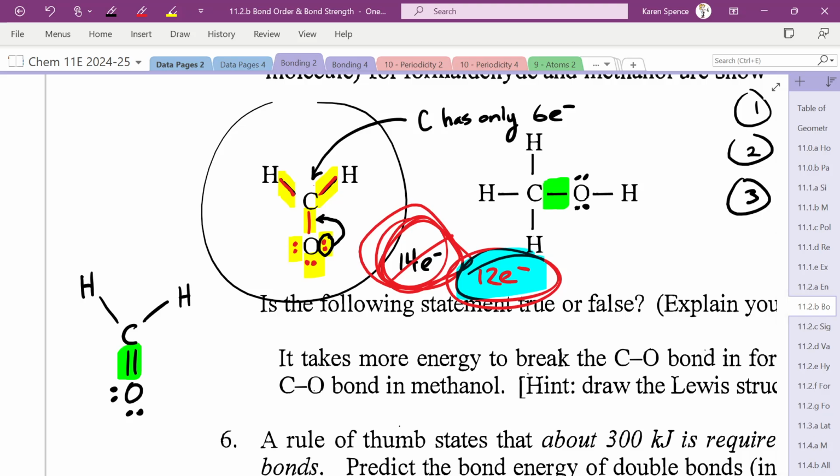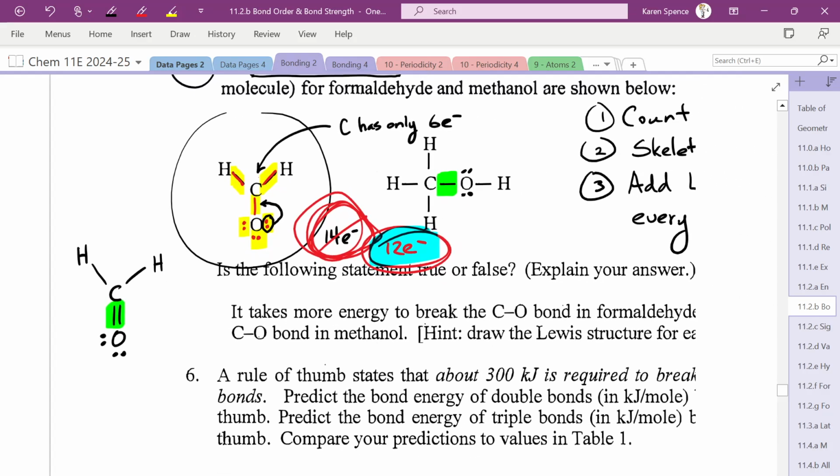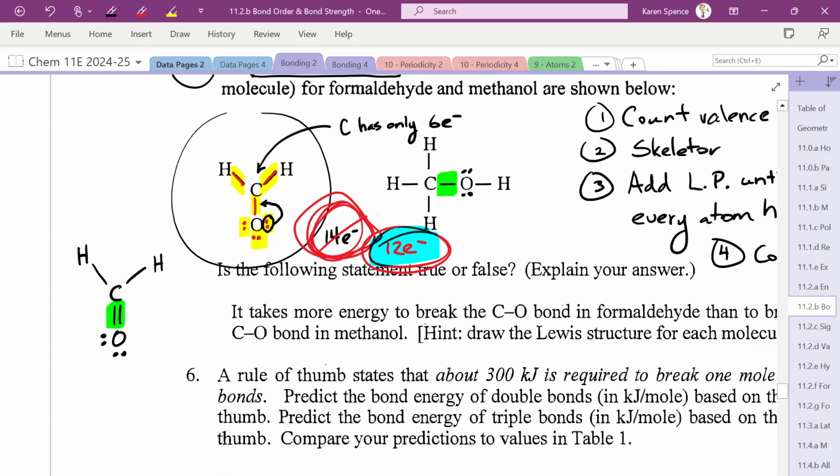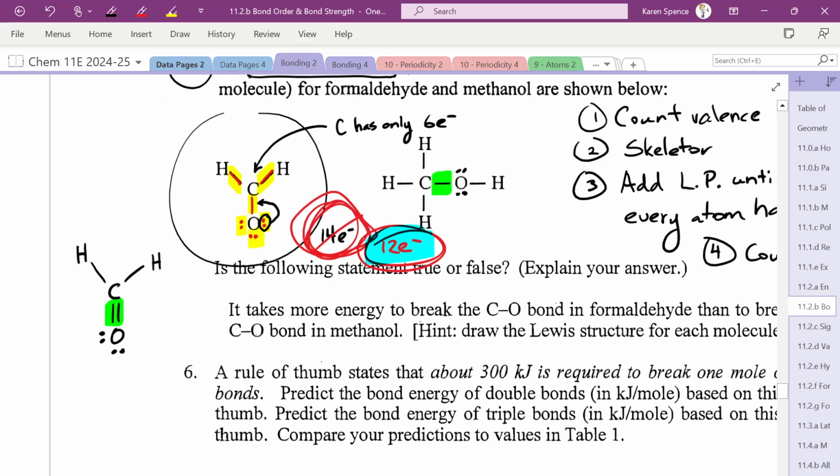The double bond. Double bonds are always stronger than single bonds. Triple bonds are always stronger than double bonds.